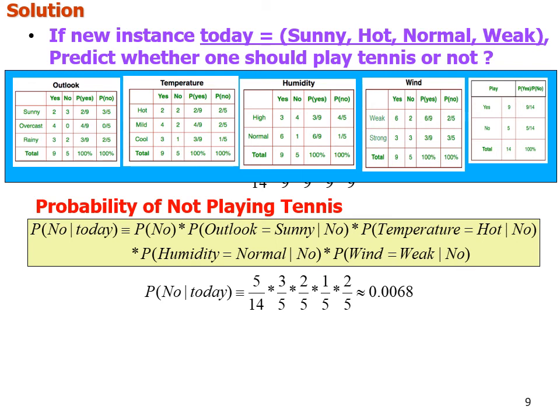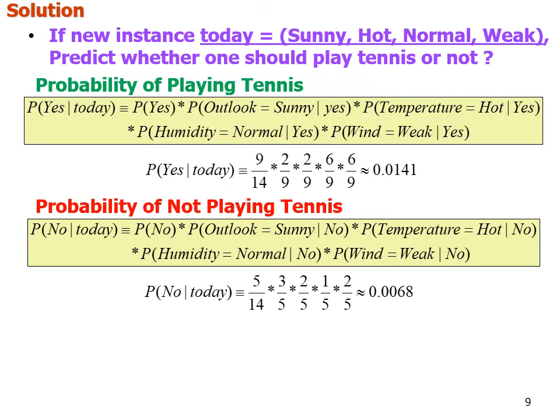Please refer to the computed values, and the computation comes out to be approximately 0.0068. So, whatever we have computed are the approximate values.